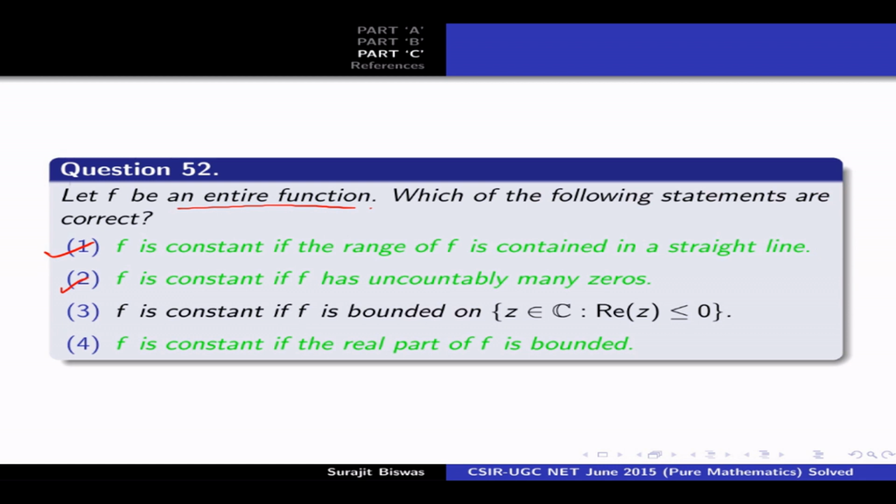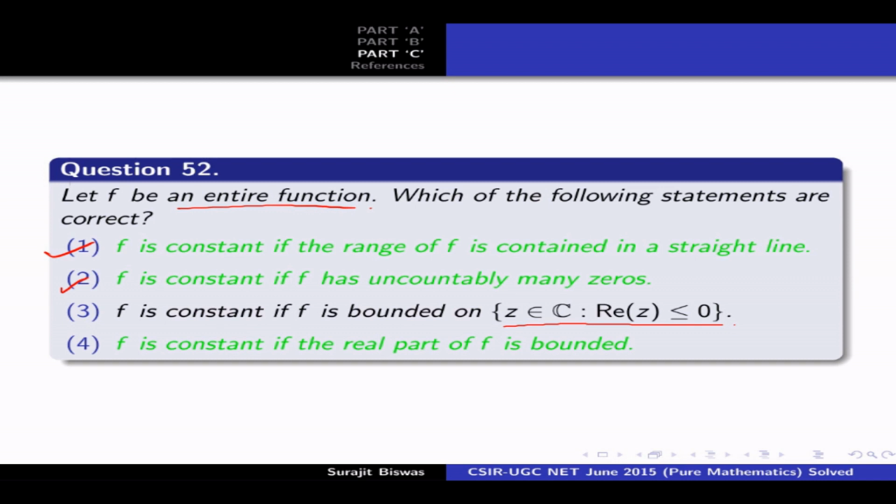That is also correct. Let's read out all the options. Option 3 is f is constant if f is bounded on {z belongs to C, real z less than or equal to 0}. And option 4 is f is constant if the real part of f is bounded.